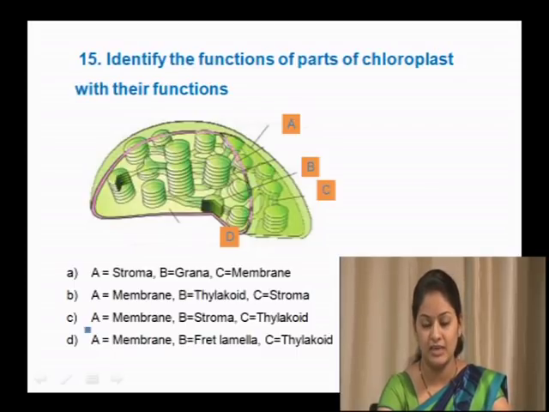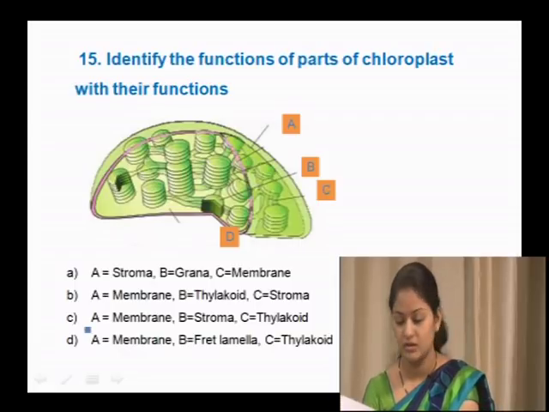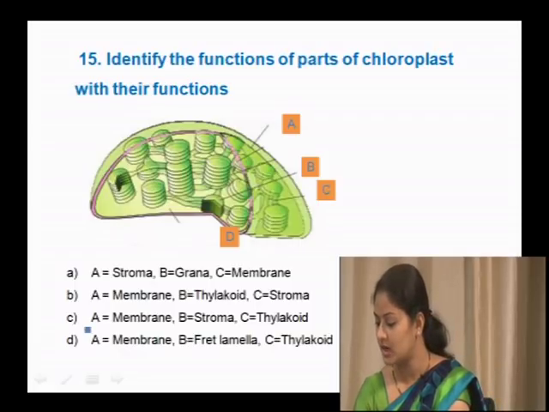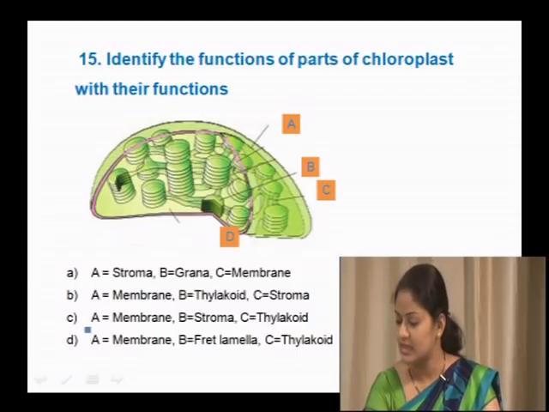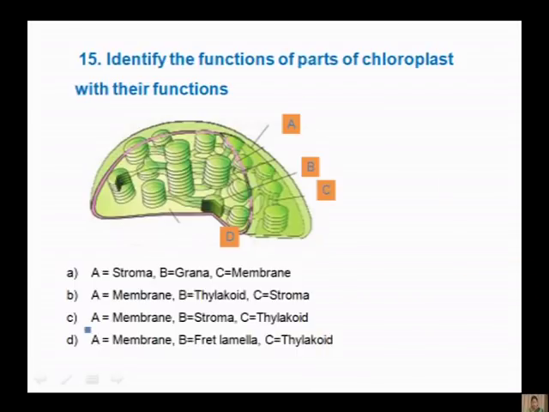It indicates the label called membrane. The B label indicates the grana, that is the set of thylakoids there, and option C indicates the stroma. So, the right answer for this question is option B.